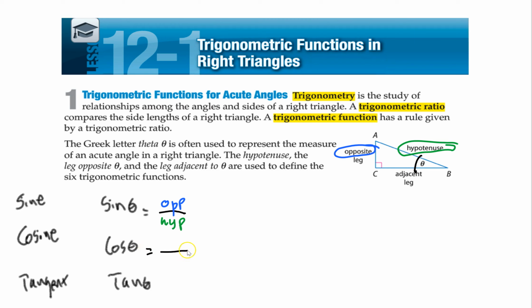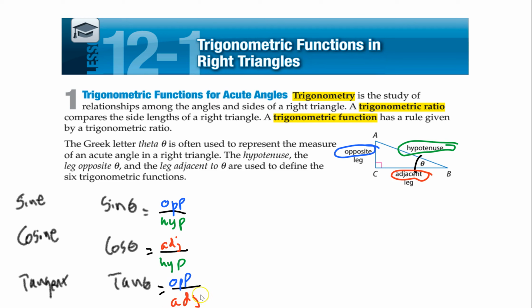Cosine equals the adjacent side over the hypotenuse side. And then finally we have tan, which is the remaining, the last one, opposite over adjacent.